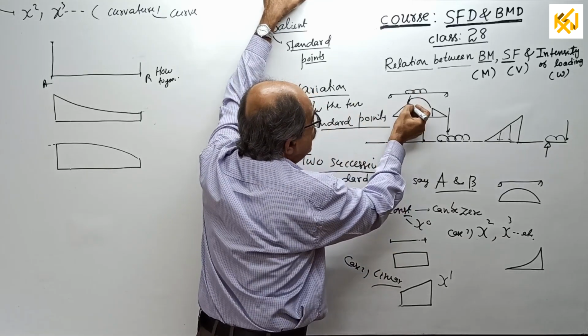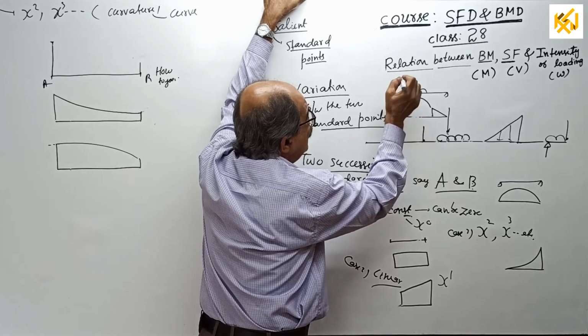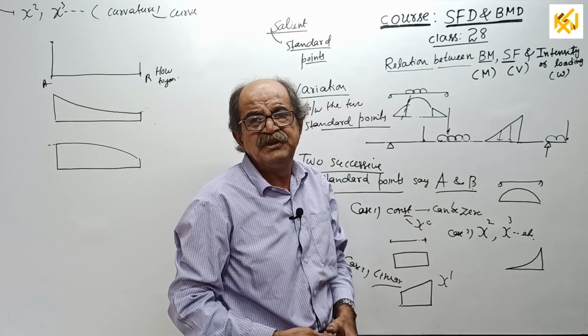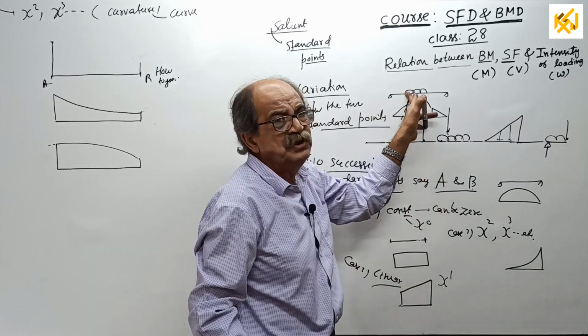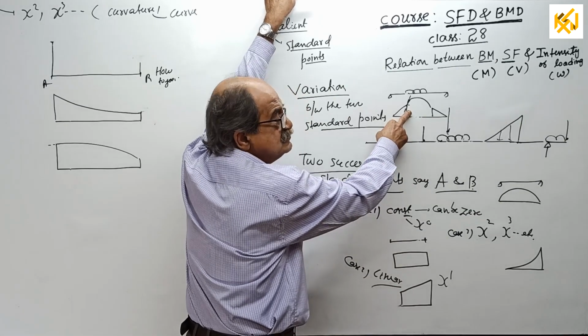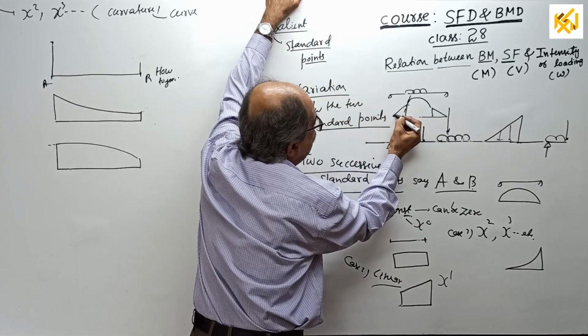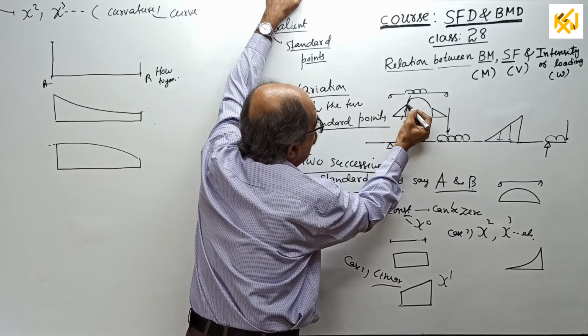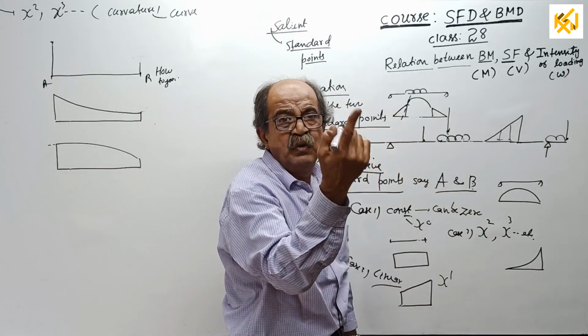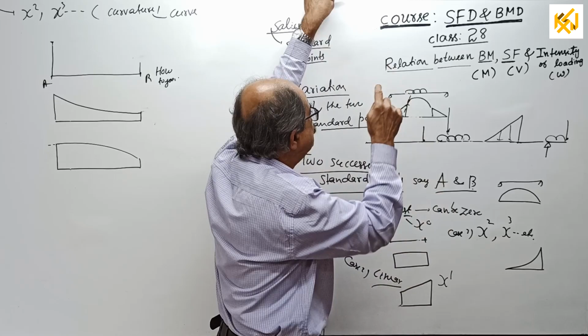There is a reason. This is correct or possible if there is a point load at that point. If there is no change of loading at that point, if there is no change of shear force at that point, then this is wrong. The way you have drawn the straight line here, the curve should continue the same way; the tangent of that curve should merge with this line.